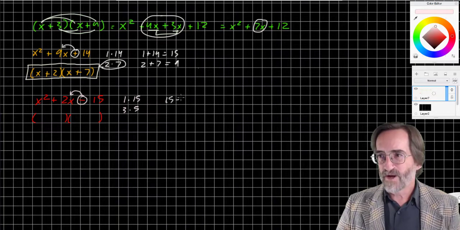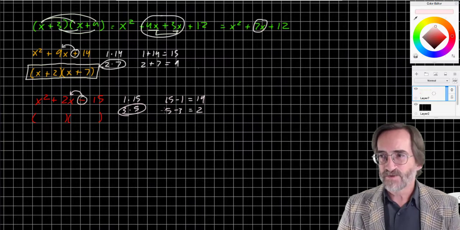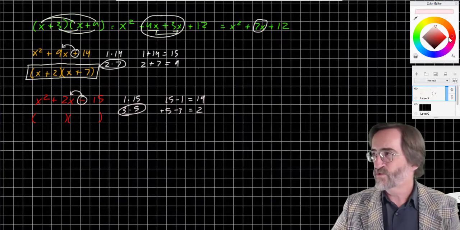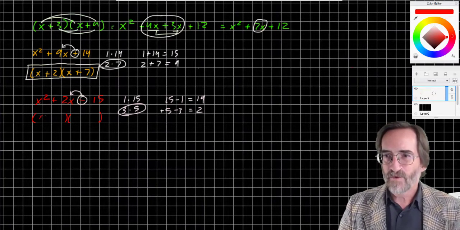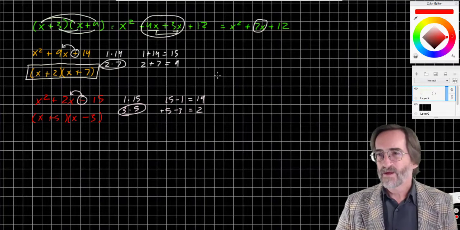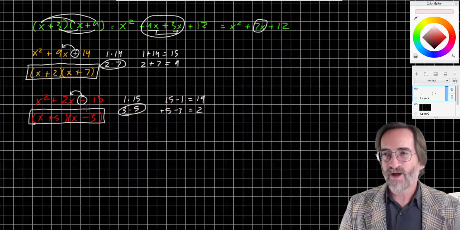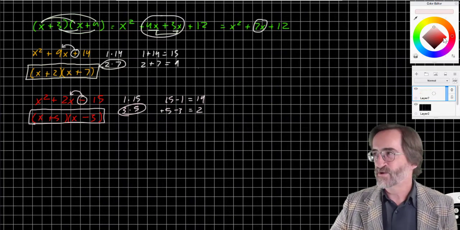Well, 15 minus 1 is 14, so it's not that. 5 minus 3, that's 2. So 5 and 3 are the pair that I need. Now I need positive 2, so the 5 gets to be positive and the 3 gets to be negative. So I'm going to write x plus 5 and x minus 3. And so that is how it factors. So when the last term is negative, we're looking for factors whose difference is the middle term.